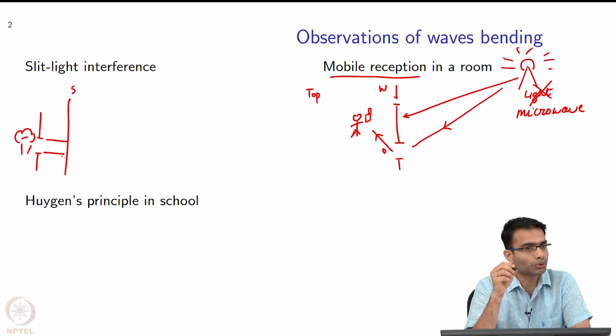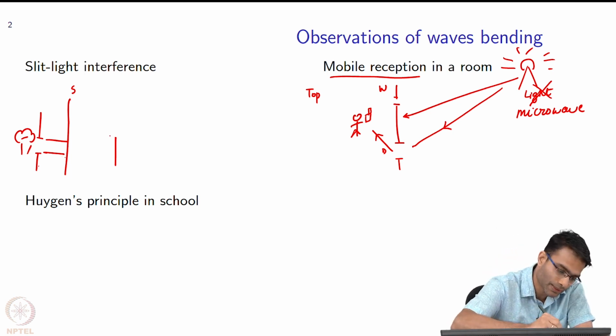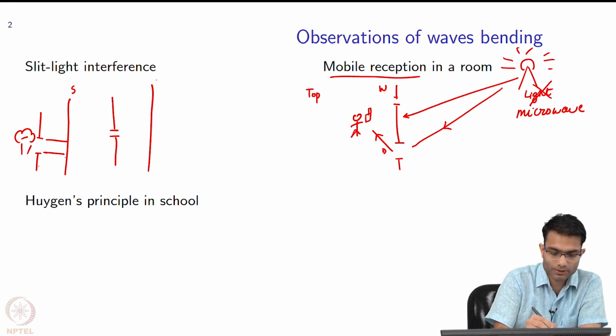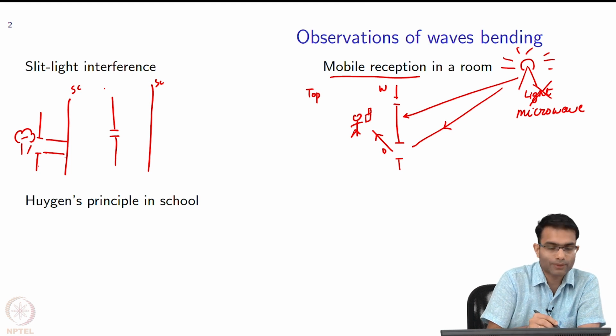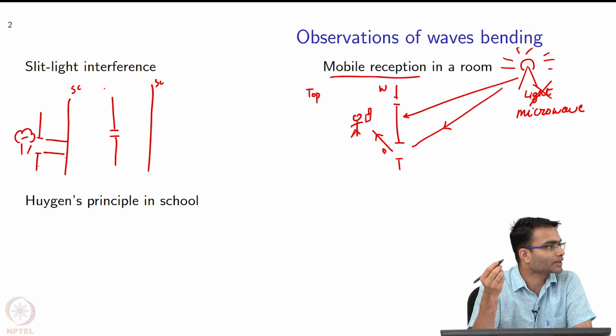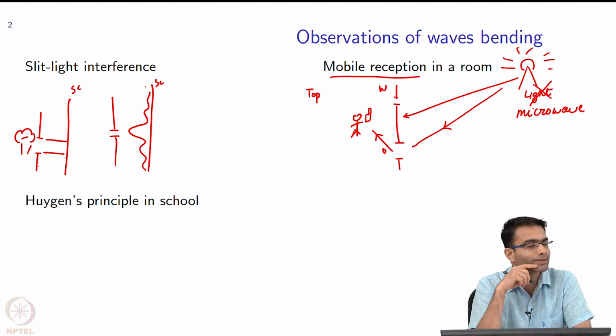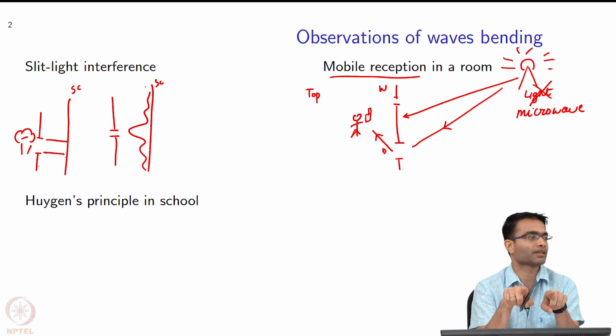But when you begin to shrink the size of the slit, when you make the size of the slit much smaller, then what happens is that you observe that there is an interference pattern on the screen. You will observe something like this, which cannot be explained if I assume light to be just rays.